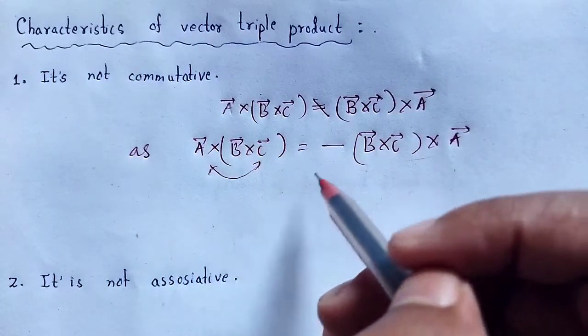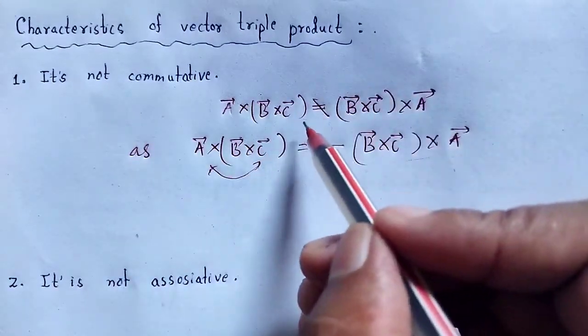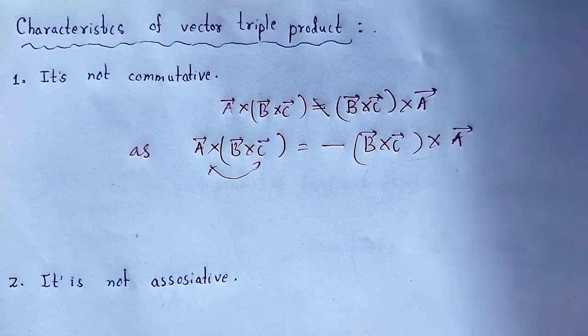So in this way, the vector triple product is not commutative.